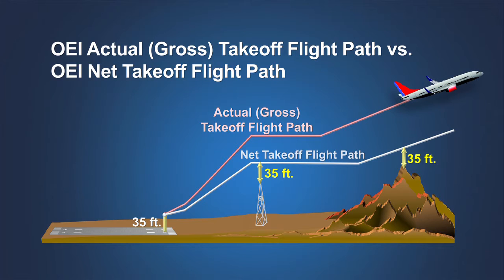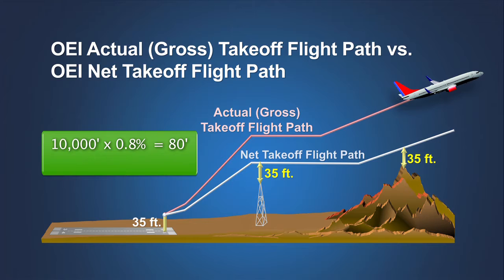However, except during the level flight segment, there will be an increasing margin of obstacle clearance between the actual takeoff flight path following an engine failure and the net takeoff flight path used to assess the required obstacle clearance. For example, if a 2-engine airplane is 10,000 feet beyond the start of the takeoff flight path at 35 feet during the second segment climb, the difference between the gross height and the net height will be 0.8% of 10,000 feet, or 80 feet.